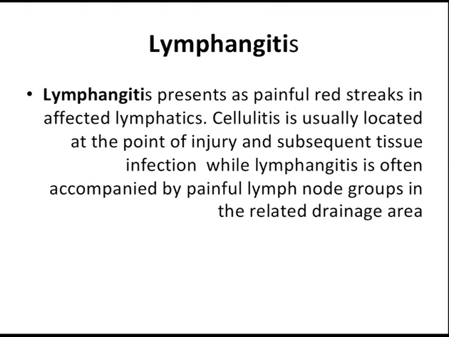Lymphangitis presents as painful red streaks in affected lymphatics. Cellulitis is usually located at the point of injury and subsequent tissue infection. Lymphangitis is often accompanied by painful lymph node groups in the related drainage area.